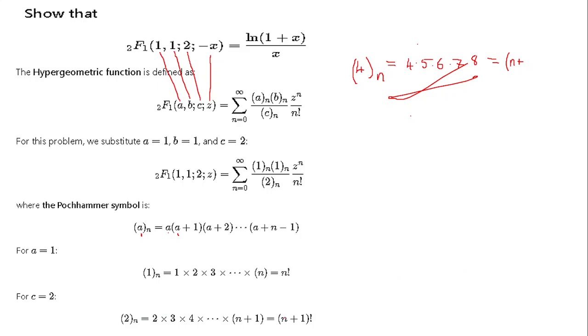So this will be what? When it is 2, this will be n plus 1. Then if it is 4, it will be n plus what? Anytime you must make it plus 1. So what plus 1 will give you 4? That is 3, so this will be equal to this.